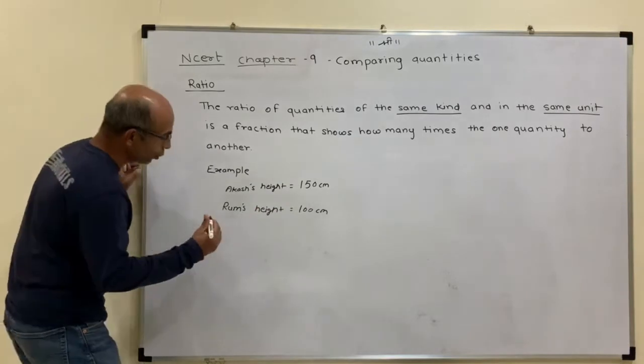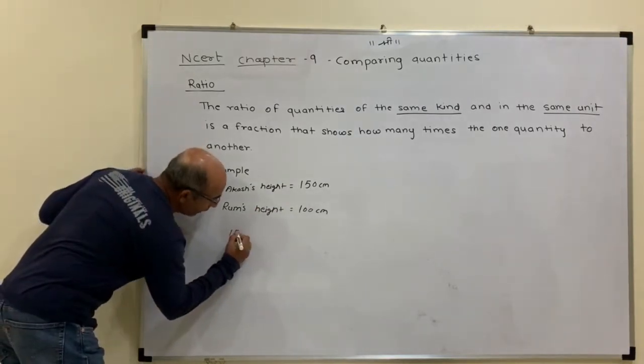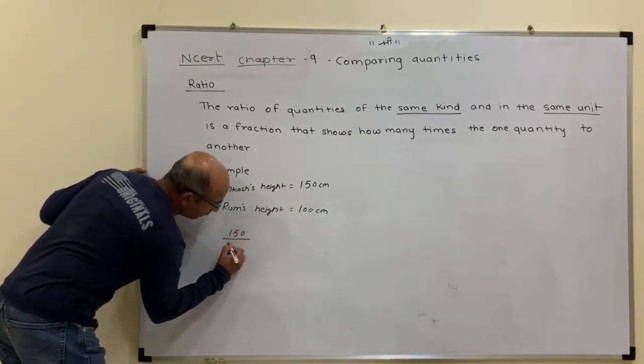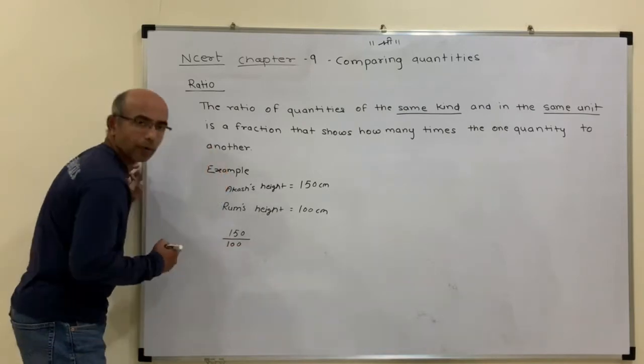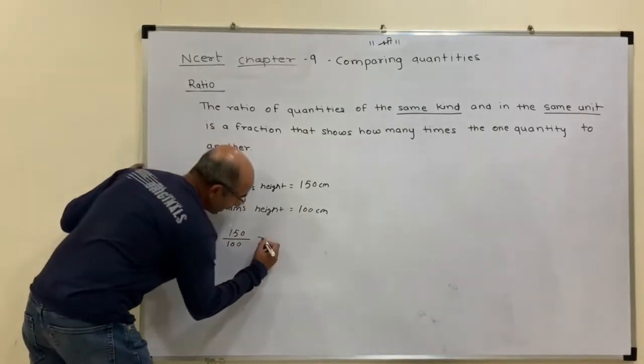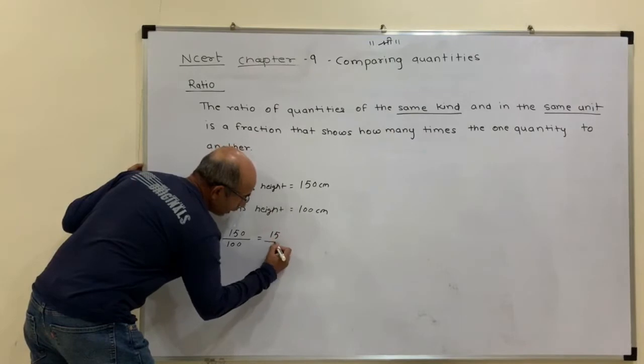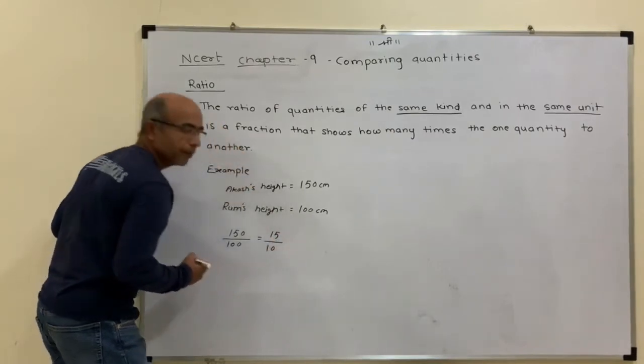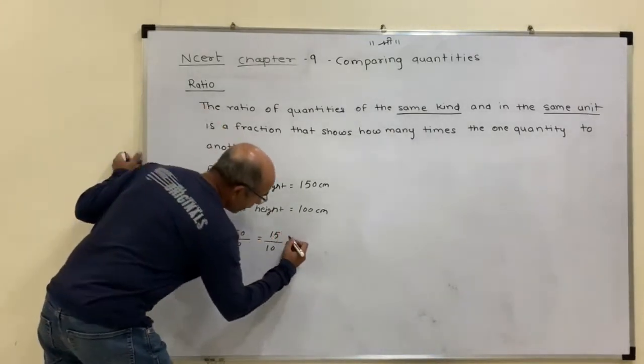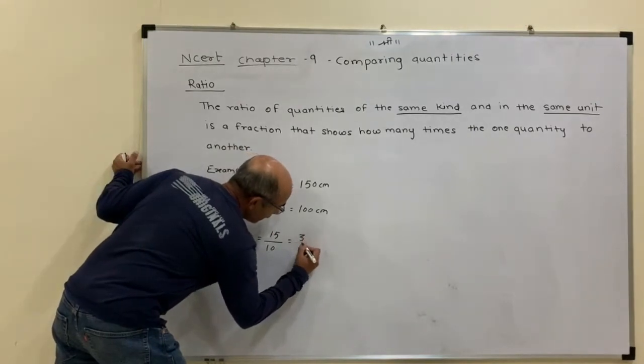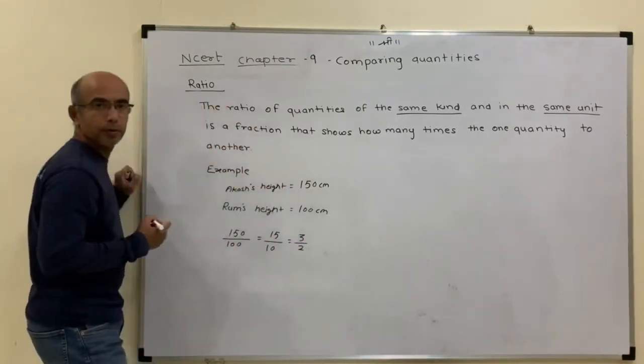So what the ratio is: if I say 150 divided by 100, I can say 15 divided by 10, or I can say 3 by 2.